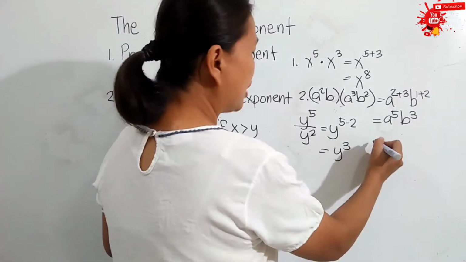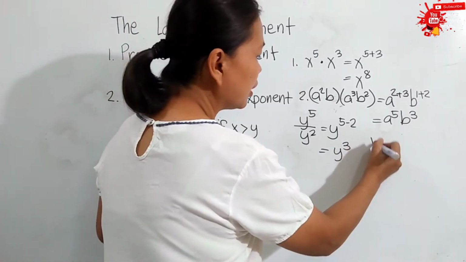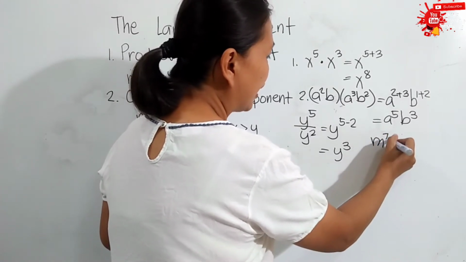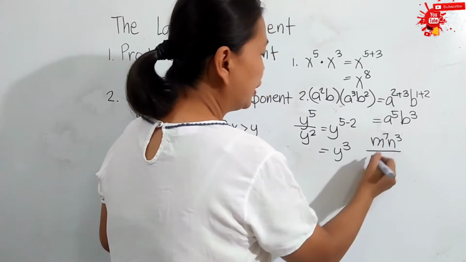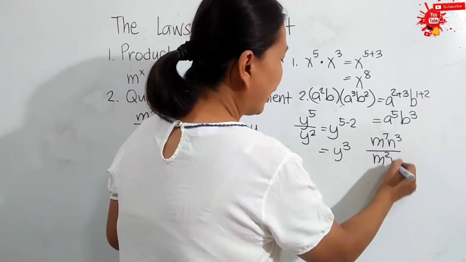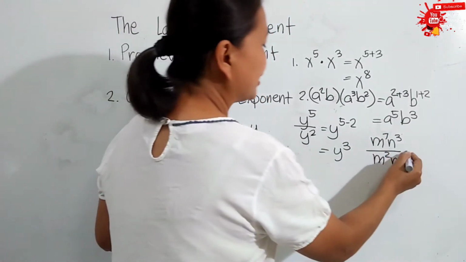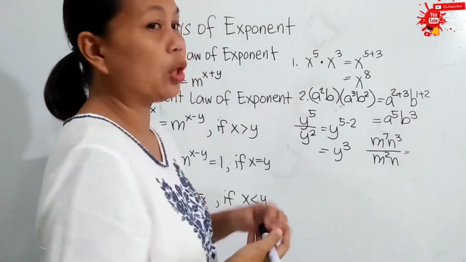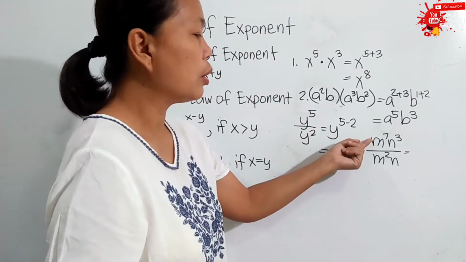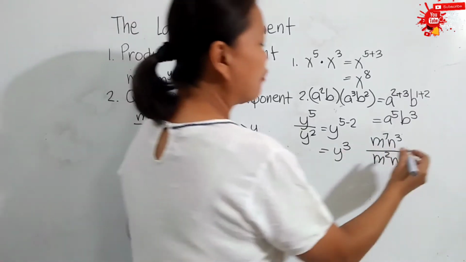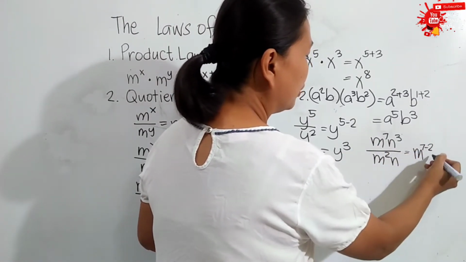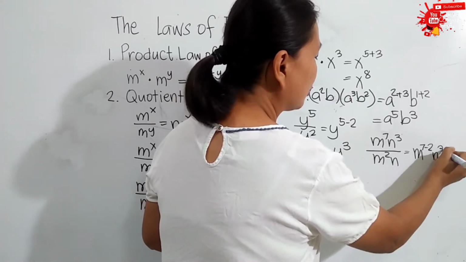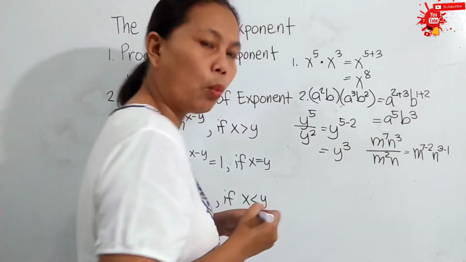So let's say we have here m raised to 7 n raised to 3 over m squared n. So we can only subtract the exponent with the same base. So we will have here m raised to 7 minus 2, then n raised to 3 minus 1.